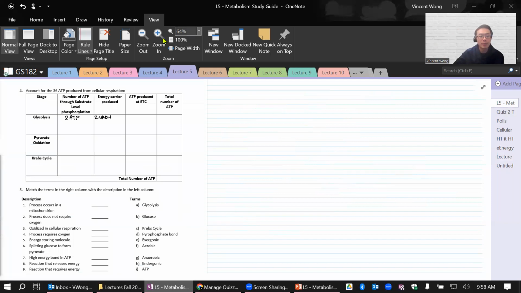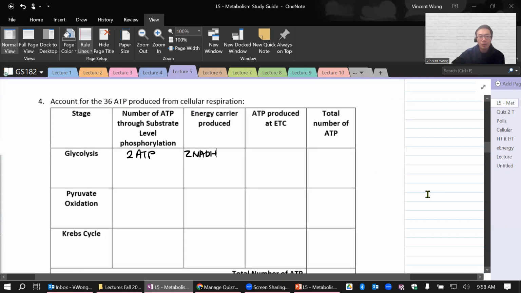So going back to here, we create 2 NADH, which again is in the cytoplasm. So we have to transfer them to 2 FADH2 in the matrix because they cannot get into the matrix. They're too big.